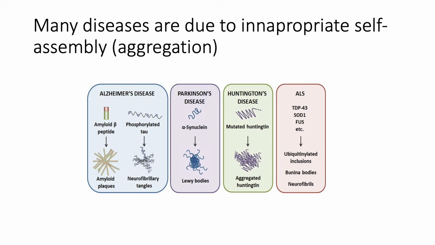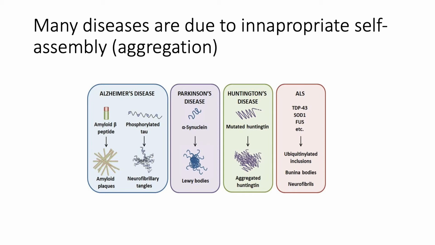In Alzheimer's disease, there's what's called an amyloid beta protein, which self-assembles incorrectly. It makes these amyloid plaques. There's also another protein involved, which is called tau, which self-assembles inappropriately and forms what they call tangles. In Parkinson's disease, there's another protein that makes these large complexes inappropriately.